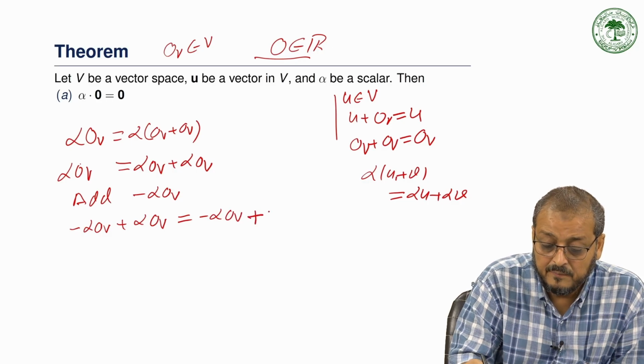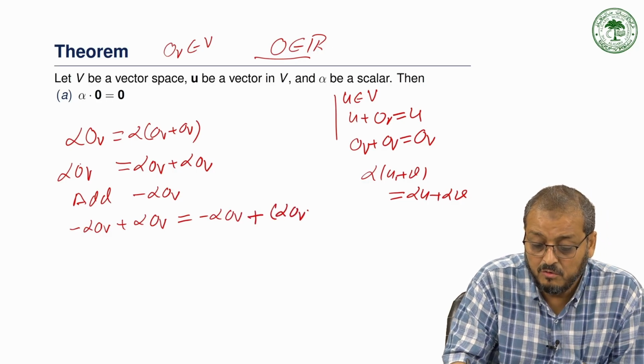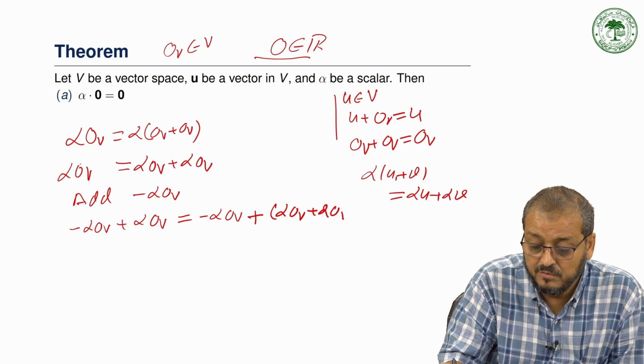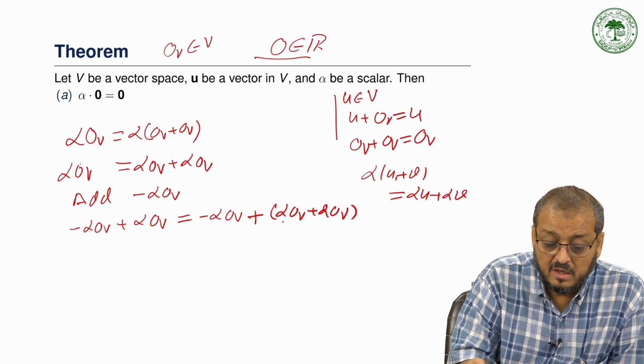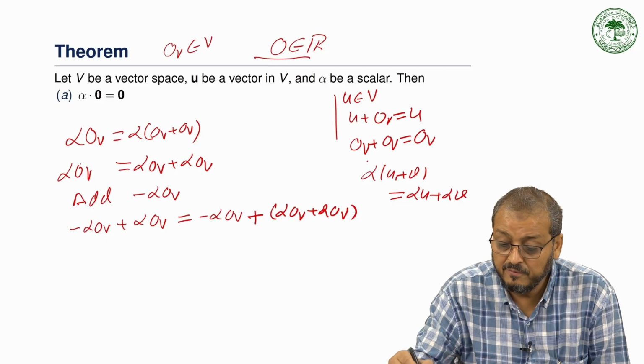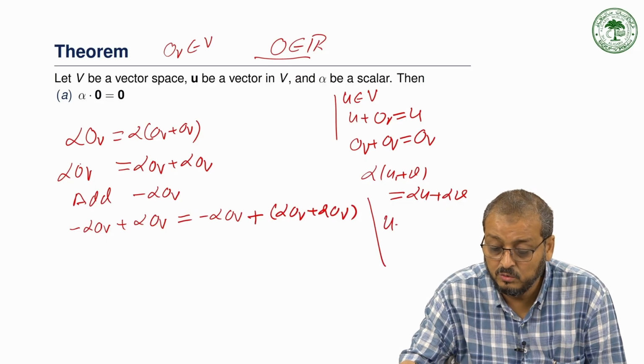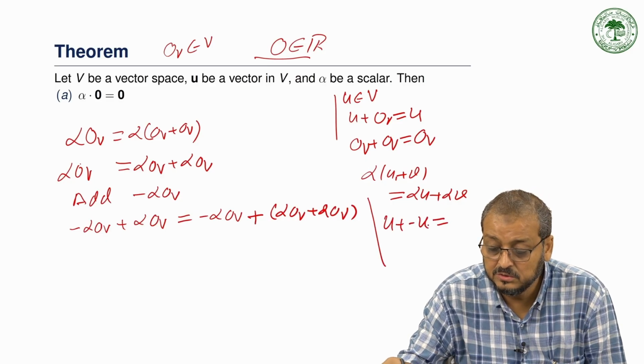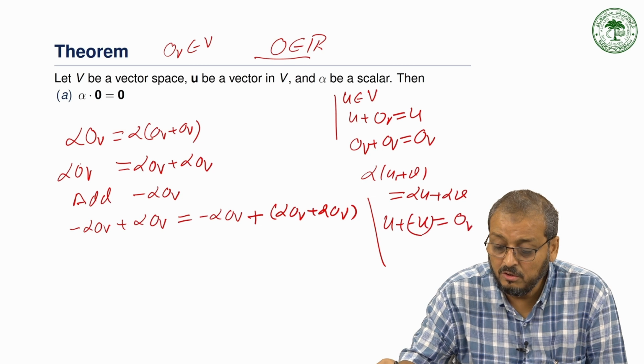plus alpha times 0 of V plus alpha times 0 of V. Then again, we know the property that U plus minus U is equal to 0, the identity.